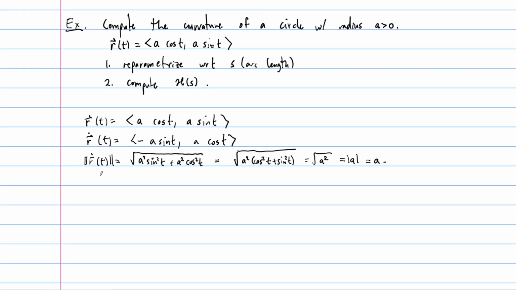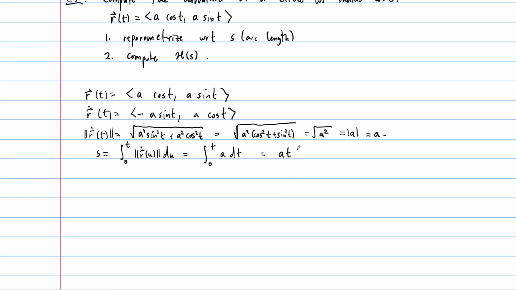And now we need to reparametrize, right? So what is our s? Our s is going to be the integral from 0 to t of the length of r dot of u du. So the integral from 0 to t of a dt, and this is, of course, just a times t. Again, this is pretty simple, and it's very similar to the helix, and we shouldn't be surprised by that because the helix is like a circle that's been extended in the z direction as a spiral, right?